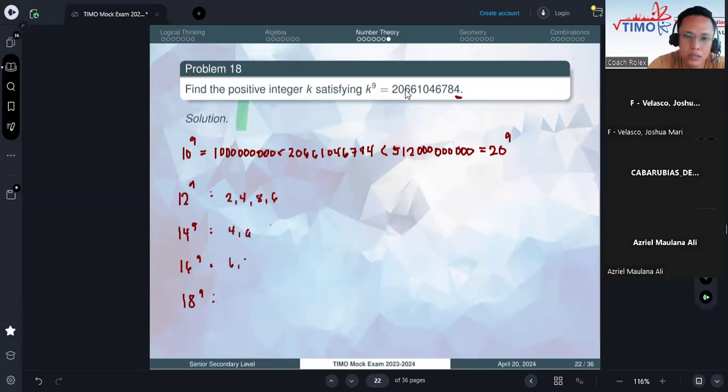Here, 6 only. 8 times 8 is 4, 4 times 2 is 6.